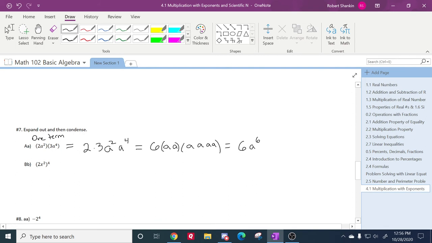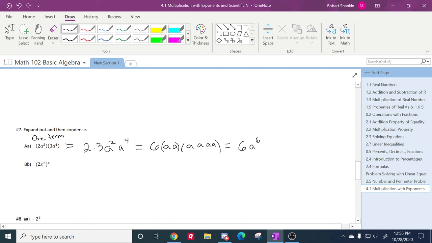So notice I multiplied the numbers, 2 times 3. I added the exponents, 2 and 4 added together to become 6. I didn't have to go over this middle step. This is called expanding out and writing it without exponents.